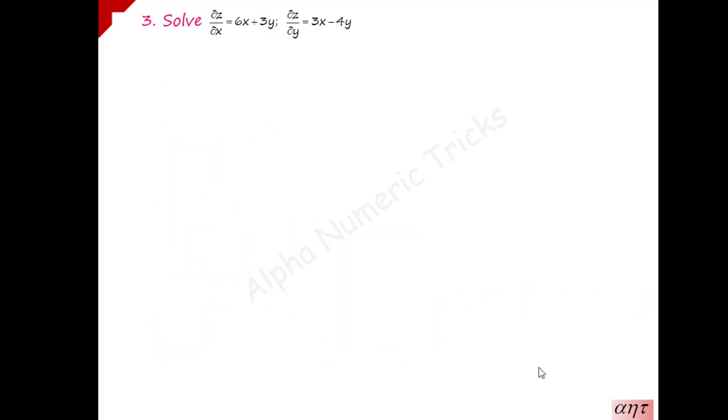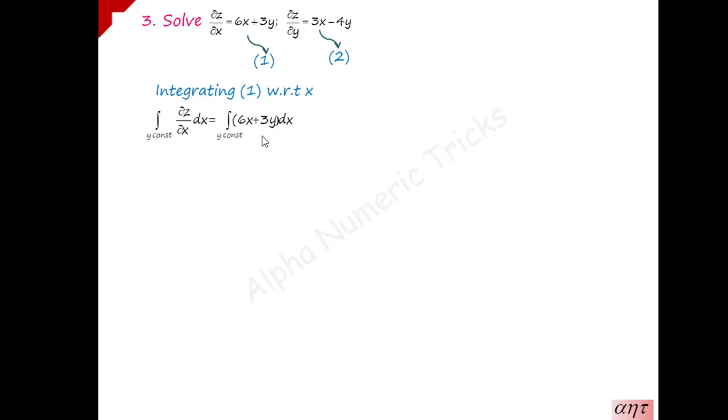Now we will see the next problem. Solve ∂z/∂x is equal to 6x plus 3y and ∂z/∂y is equal to 3x minus 4y. Now number the first equation as 1 and the second equation as 2. Then you have to integrate 1 with respect to x, that is integral ∂z/∂x, y constant, dx is equal to, because integration with respect to x, you have to take y as constant, integration of y constant 6x plus 3y dx.